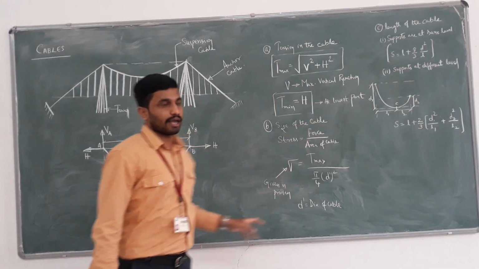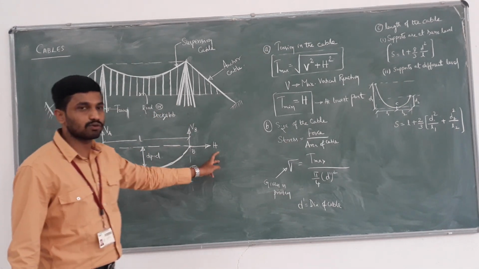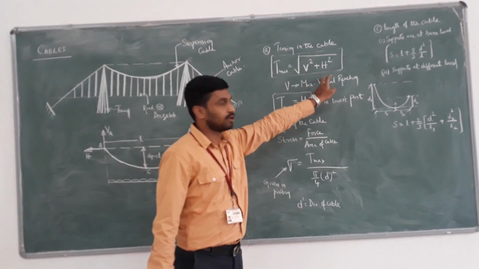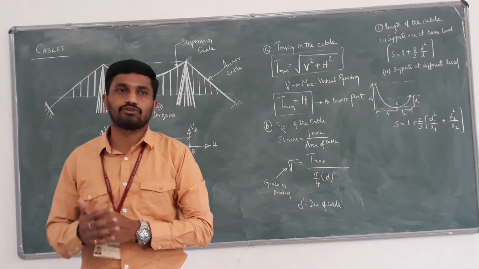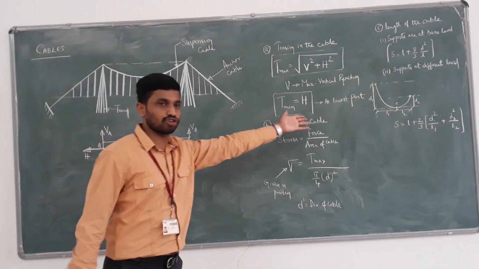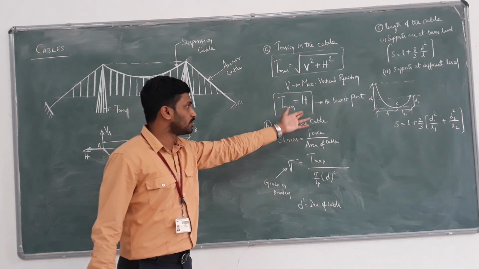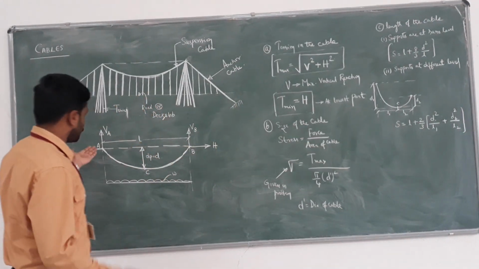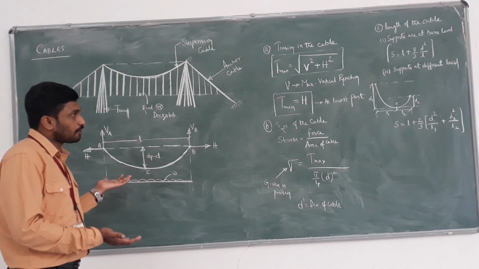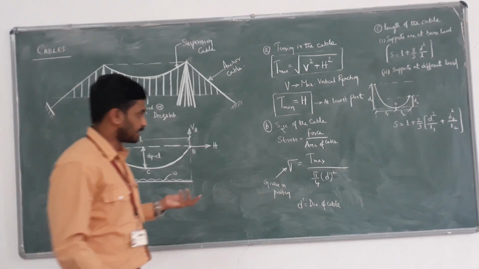H is the same, since HA and HB both equal H. The minimum tension, T minimum, is H, and it occurs at the lowest point, because at different levels we get different values of H.